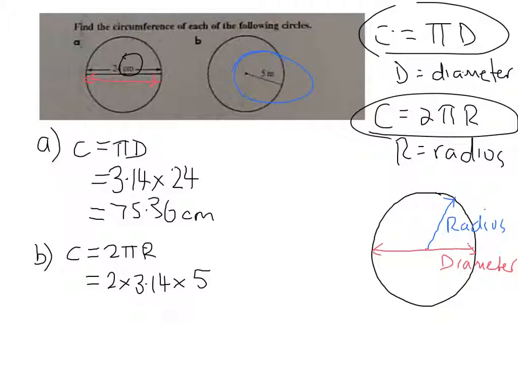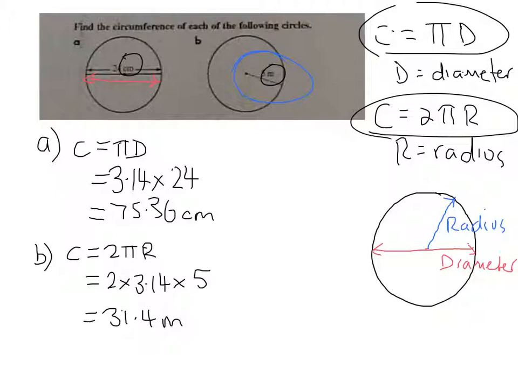And if we multiply those through, we'll end up with 31.4. And from the question, we have metres as the unit, so metres goes into the answer.